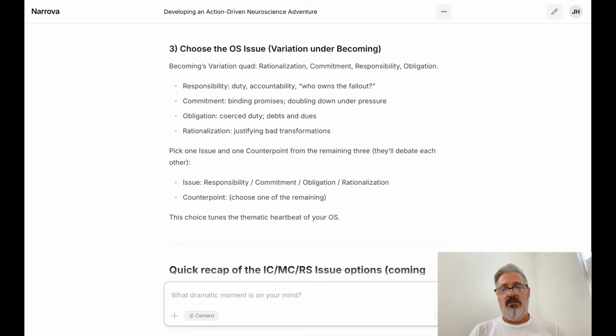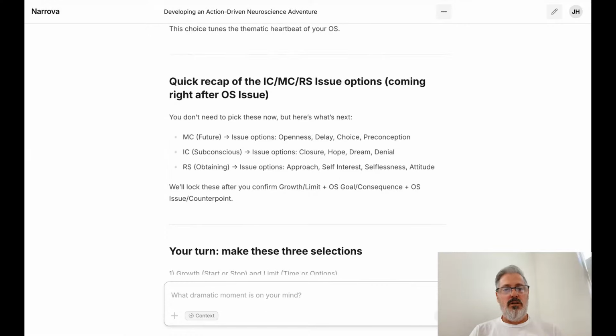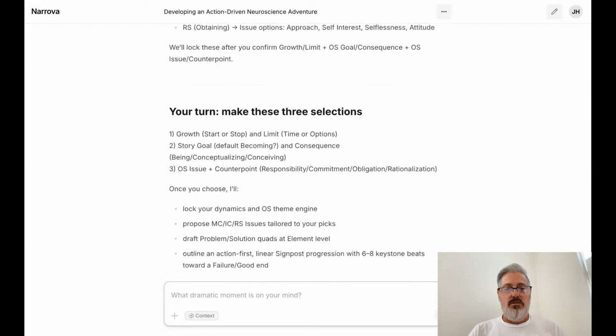Paying debts down, duties, things that you obligate yourself to. These are all things you don't want to do. Rationalization, justifying kind of bad transformations and all that stuff. And this is nice too. Even though we don't need to pick those because everything's connected. Once you get down to the nitty gritty, things start to get locked in. But these would be the other issues that are a part of those other through lines.